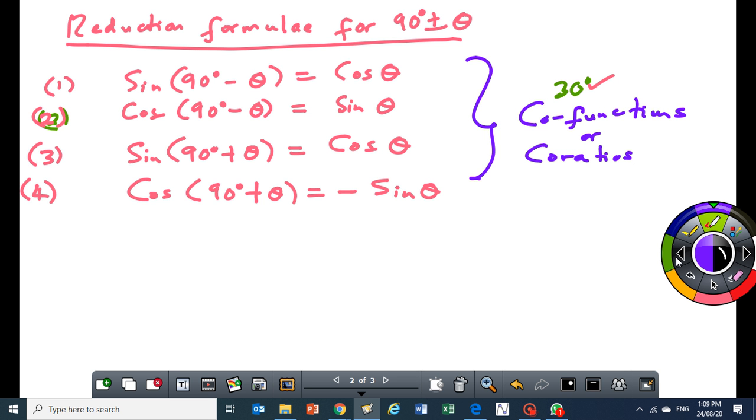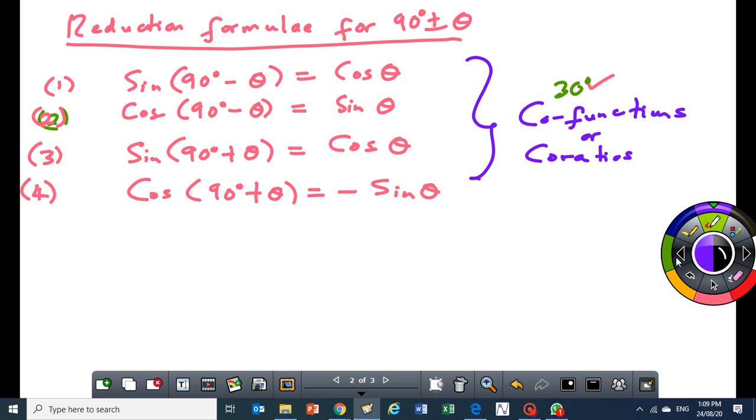If you hear me saying cofunctions or correlations, I'll be referring to these 4 formulae. They illustrate the relationship between sine and cos.